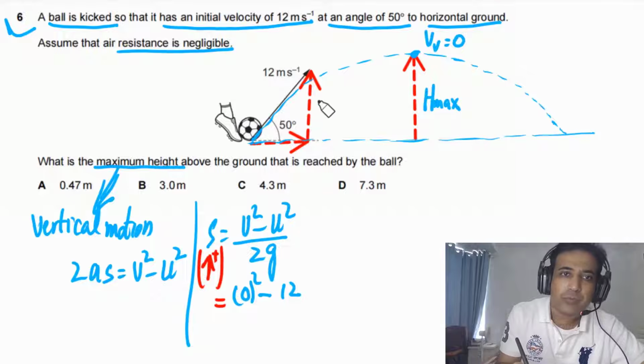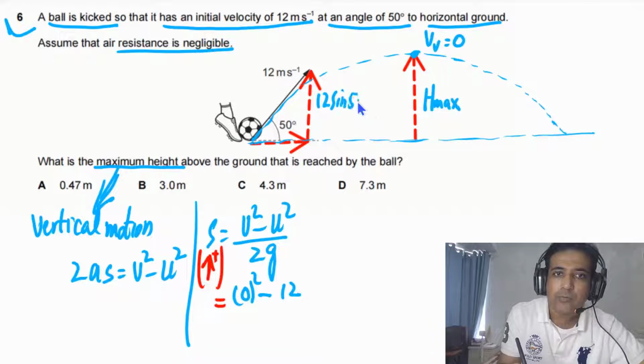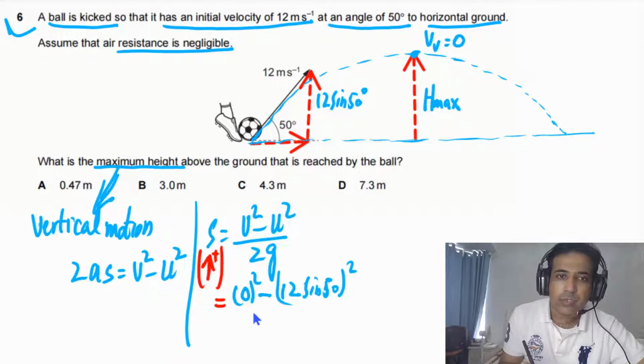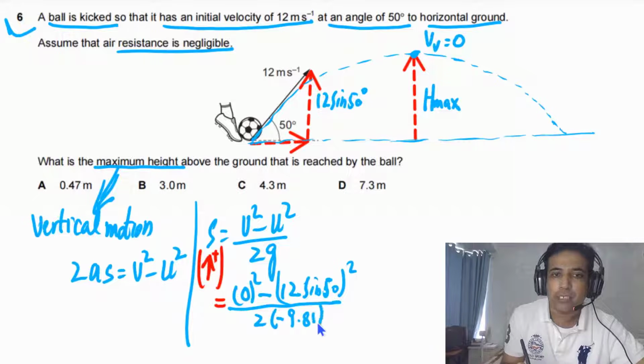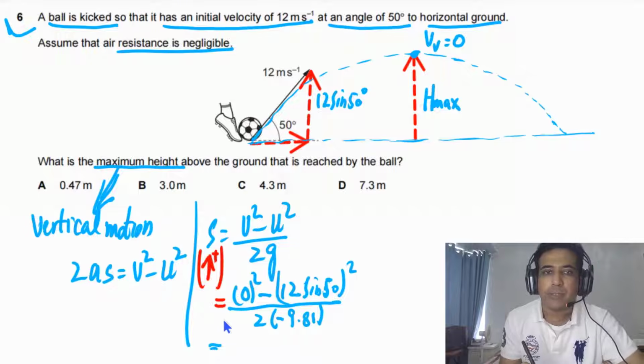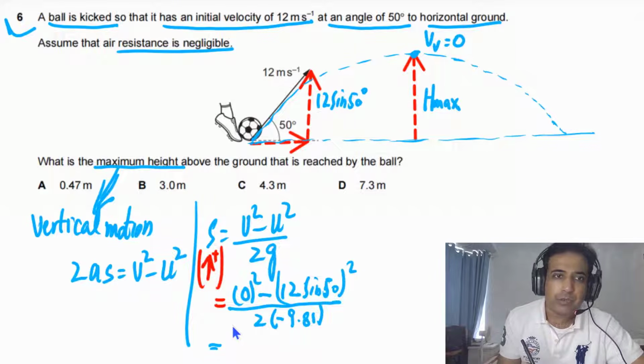And the vertical component we can write down as 12 sine of 50 degrees. So we have (12 sine 50 degrees) squared divided by 2 times minus 9.81, so this is negative.